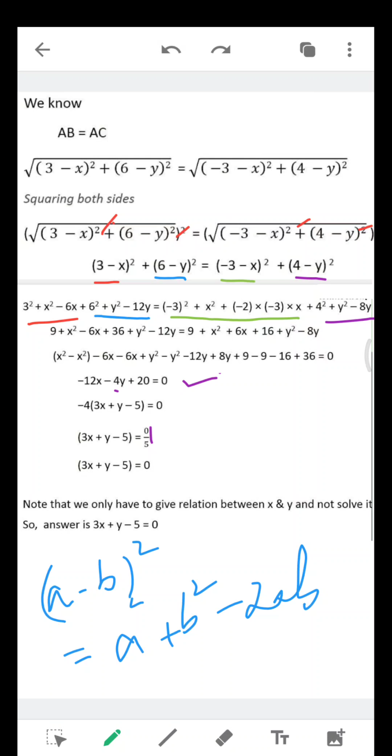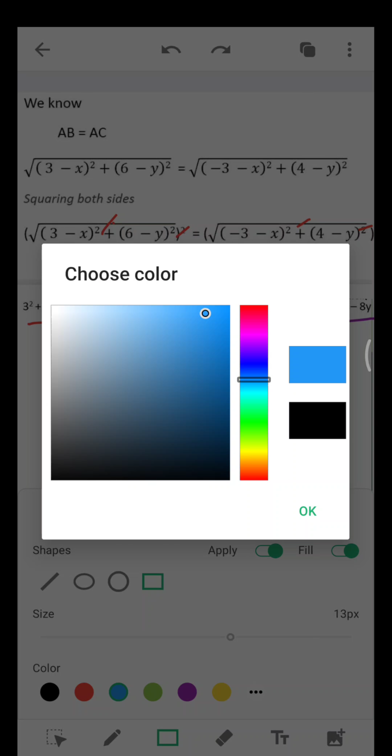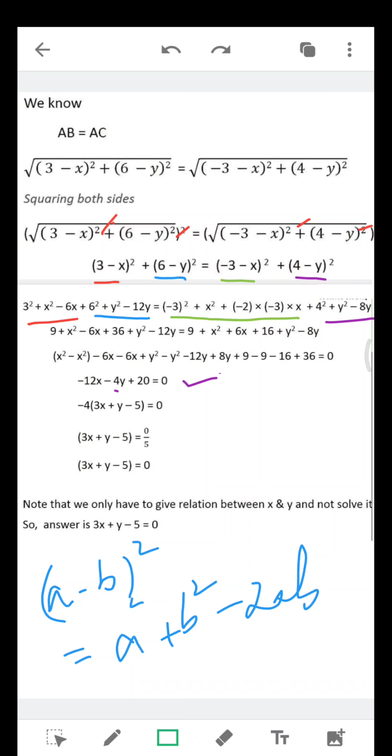This should be 0 by 4, not 0 by 5. Anyway it becomes 0. So 3x plus y minus 5 is equal to 0 by 4, and that is 0.